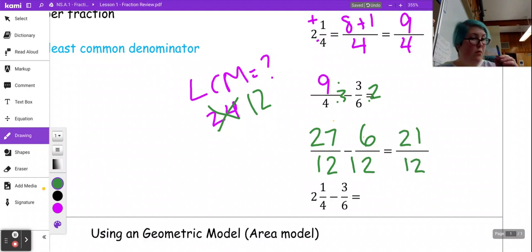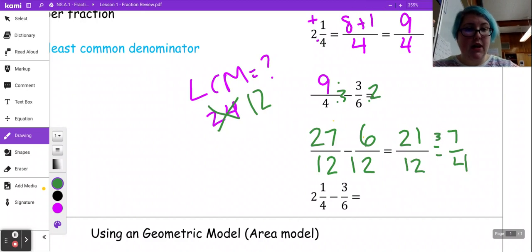Or we can simplify that down into 7 over 4 because we know that 21 and 12 have factors in common. So the greatest common factor would be 3 here.